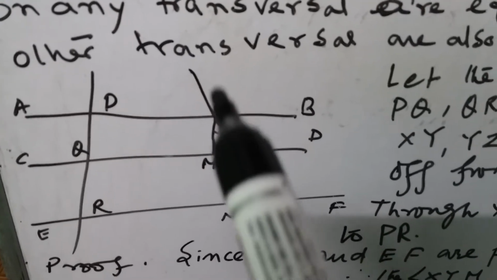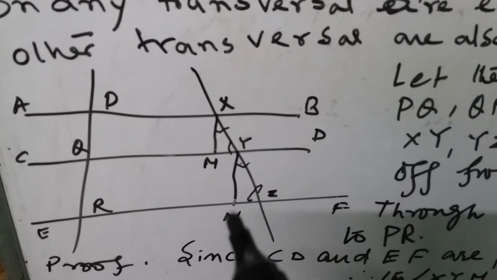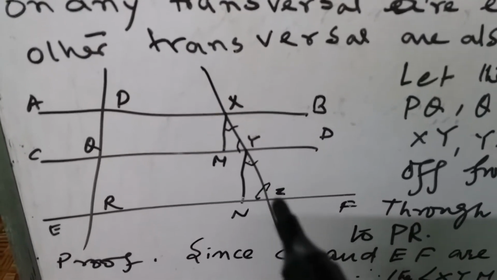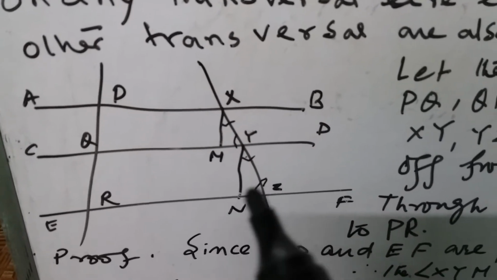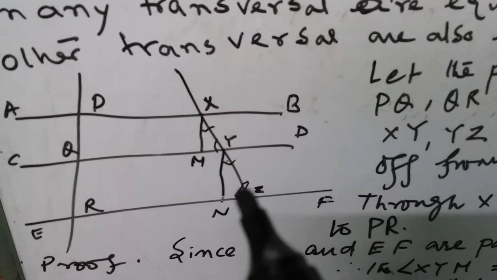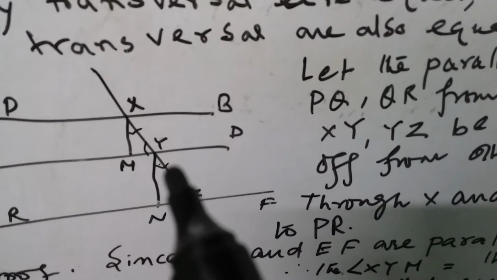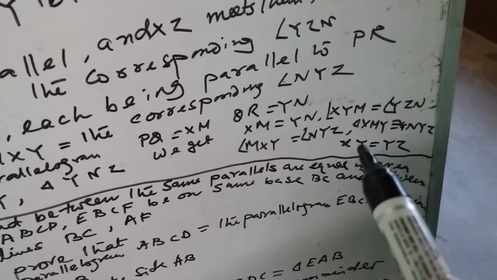So in triangles XMY and YNZ, we get XM equals YN, angle MXY equals angle NYZ, and angle XYM equals angle YZN. Hence the two triangles are congruent, and that's why XY equals YZ, corresponding sides.